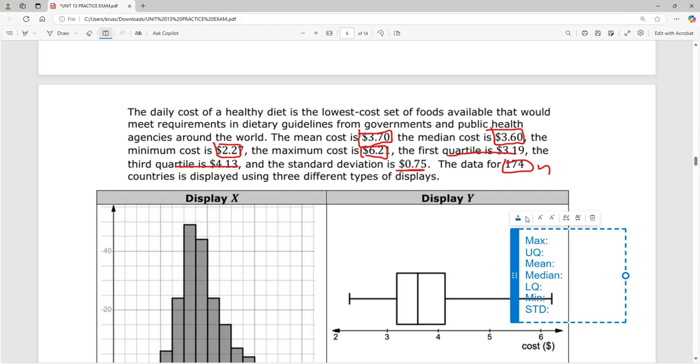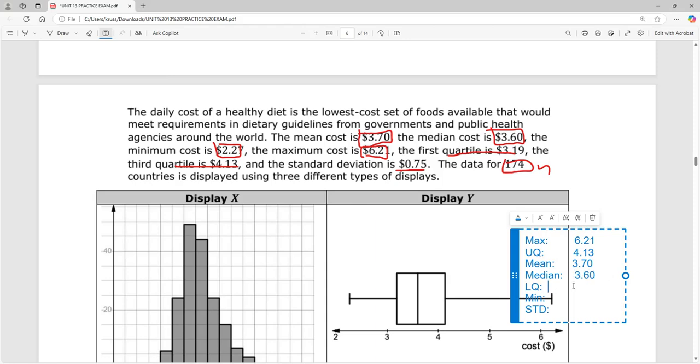All right, so the maximum was $6.21. The upper quartile is $4.13. The mean is $3.73. The median is $3.60.